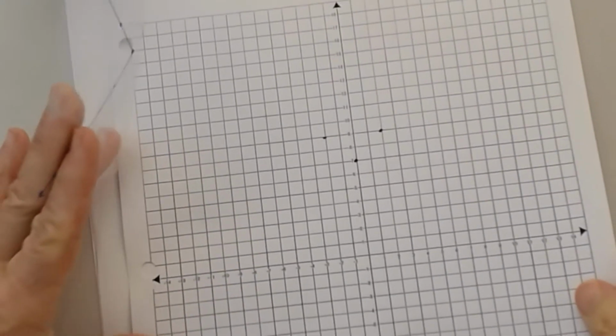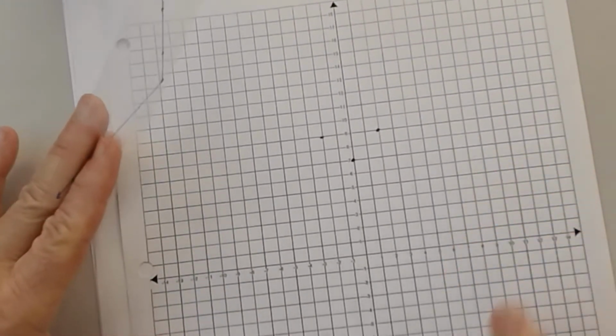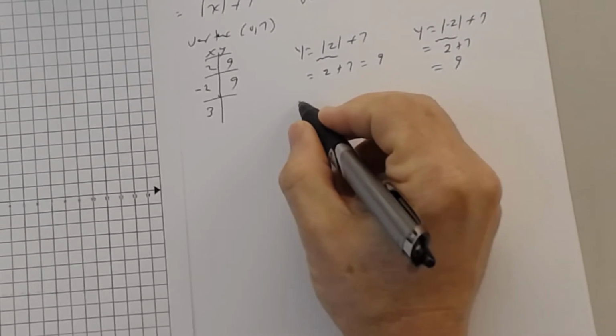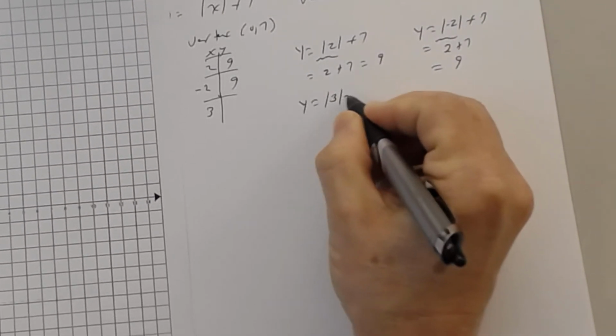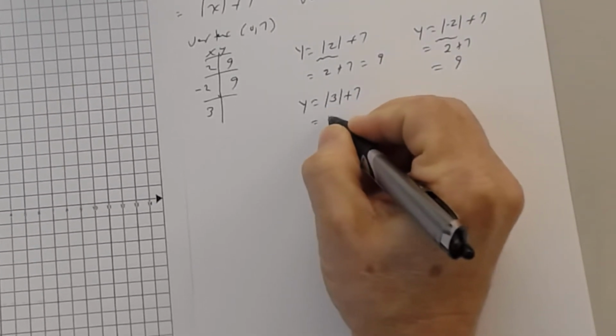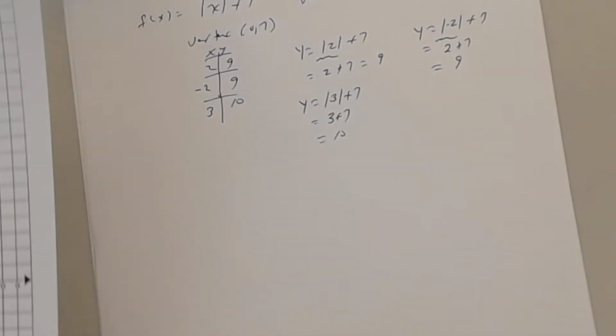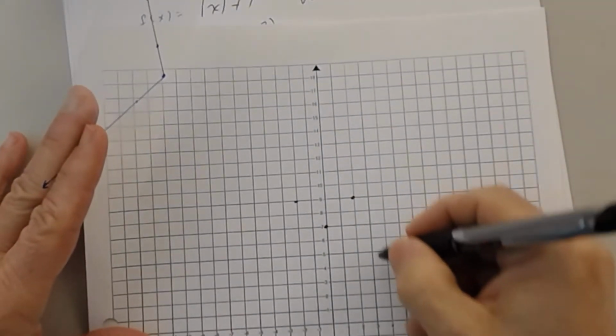Now I need one more point to the right. Someone said 3 earlier. If x is 3, let's figure out what we get using the t-table. y equals the absolute value of 3 plus 7. The absolute value of 3 is 3, and 3 plus 7 is 10. So I'll plot the point 3, 10.